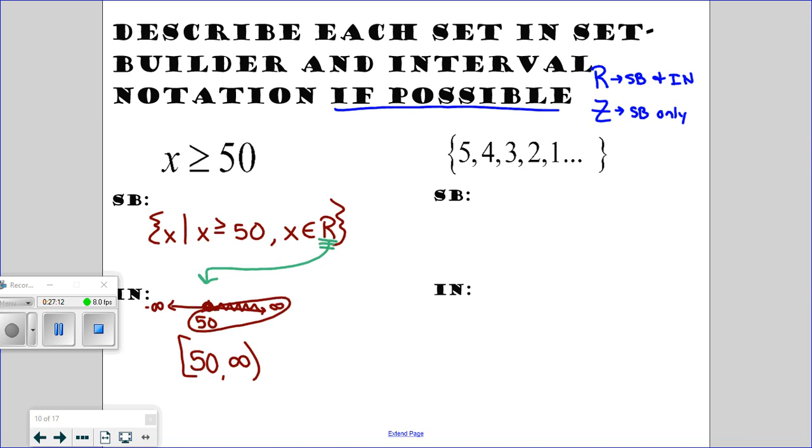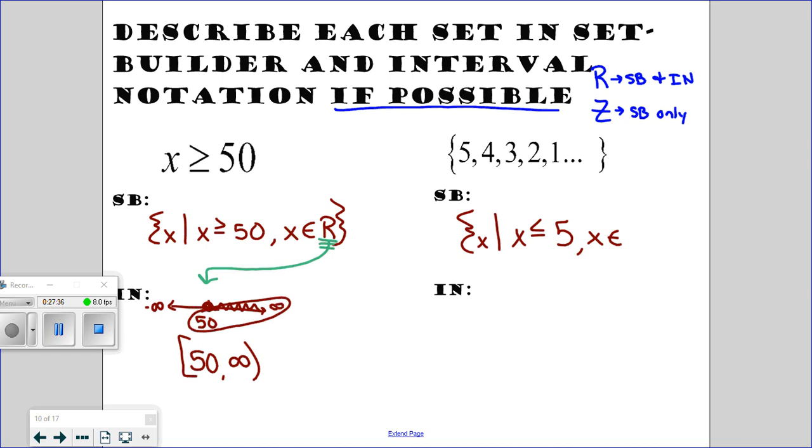Second one, again, it doesn't matter what type of set I'm looking at, I can always write set builder, all x's such that. This time I have to figure out what the inequality is because it's a list of numbers. So if I'm figuring out the inequality, I use x, I use the first number, and I look at which direction it's headed. x is getting smaller than 5, so I would say less than or equal to 5.